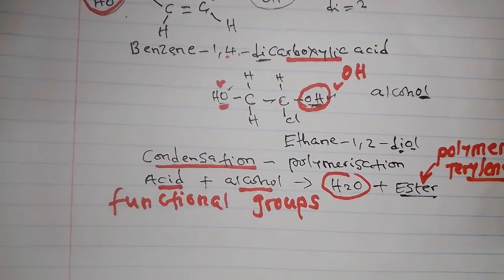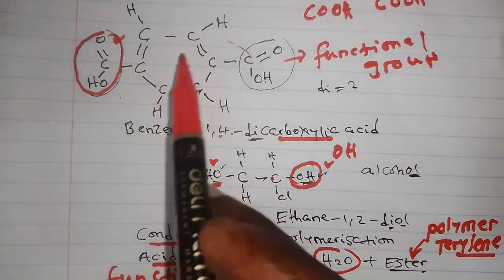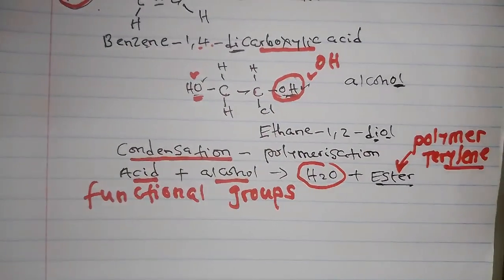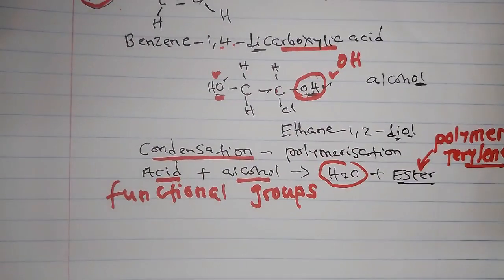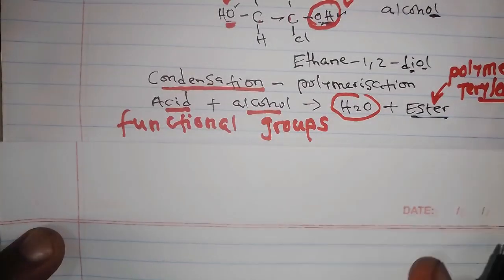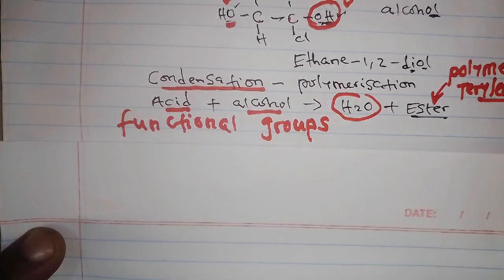So let's see how that happens. In order to ignore all these complex middle parts, we are going to react the two, meaning the acid and the alcohol.